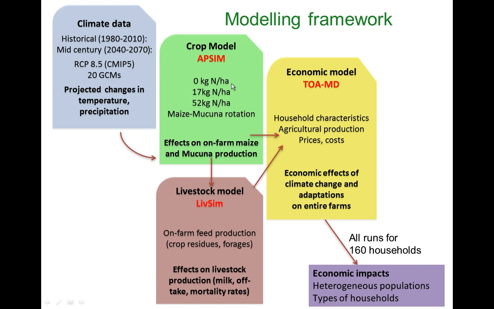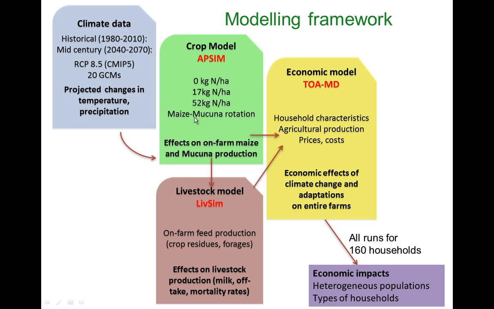Now, what I should mention also is that these are the 4 adaptation options that we compared. So the 0 N input is, let's say, our baseline scenario or our farmer practice. We compared then 2 different fertilizer rates for maize, 17 kilograms and 52 kilograms of nitrogen per hectare. And then we looked at an adaptation option which brought in mucuna into the rotation.